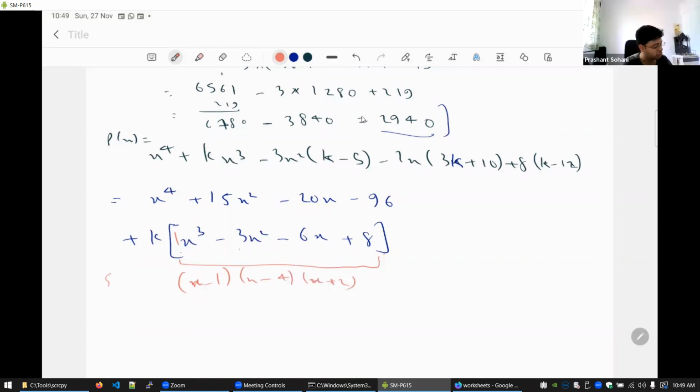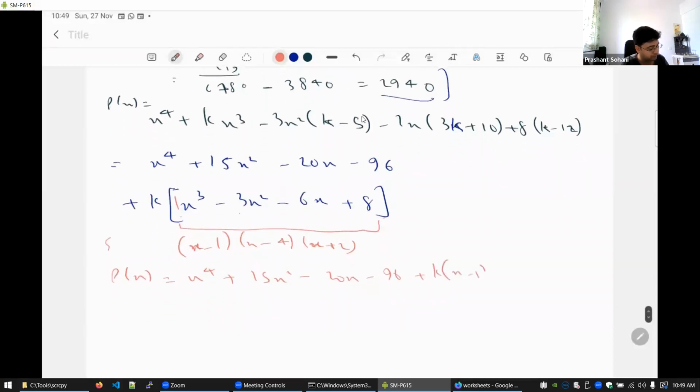Which means our polynomial can be written as the first part plus k times this. We are interested in finding the roots of this polynomial. Can we at least find the value of this polynomial in a few places?